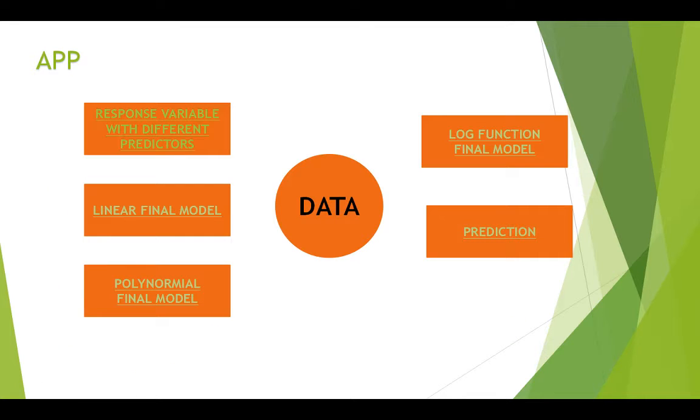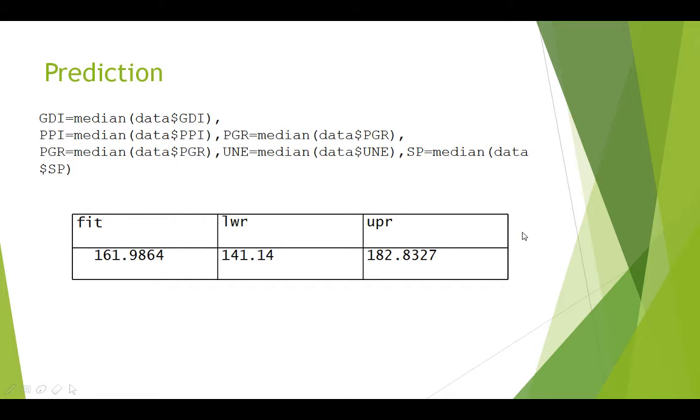According to different data sets, customers can choose different ways to transform their model between the linear final model, the log function final model, and the polynomial final model. Because our product aims to give predictions to our clients about housing price, we do a prediction ourselves using all median data as our test data.